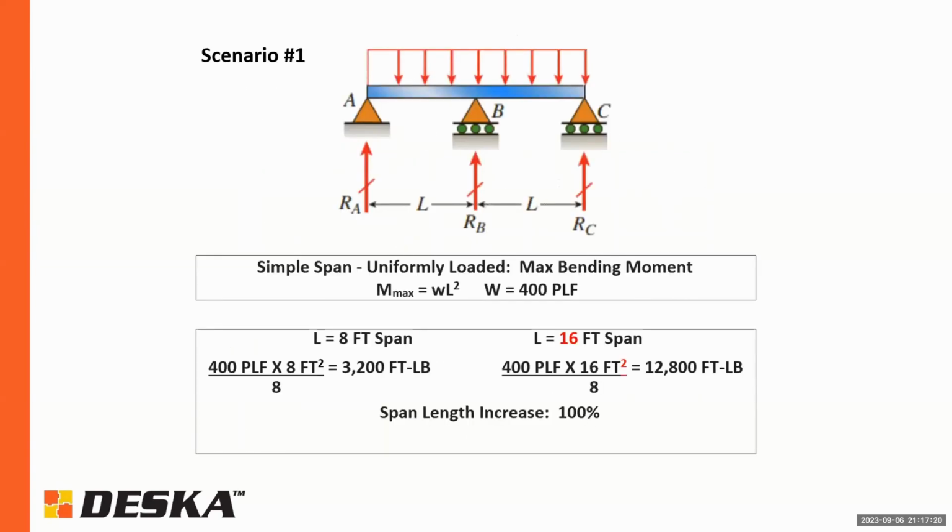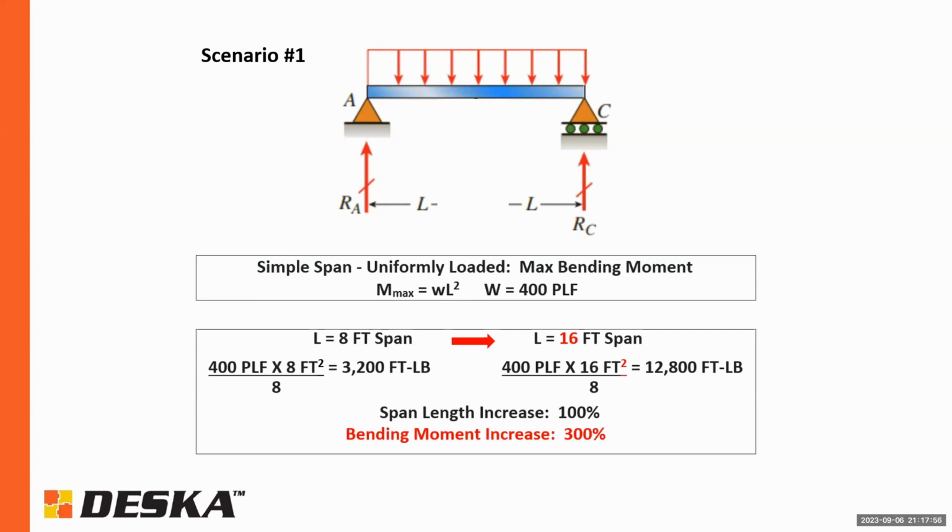So an example of this here is you have these two 8-foot spans with a uniform load above, and then all of a sudden you remove the center column, let's say, and you go from having two 8-foot spans to one 16-foot span. So the span length has increased 100%. So you would probably think, well, the stress in the beam would increase 100%. Well, because of that equation, the bending moment actually increases 300%.